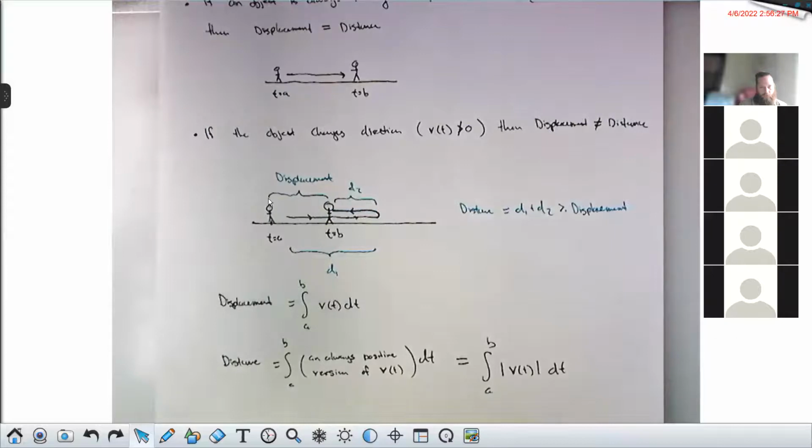So when you subtract those, when you combine those, you just get this. If I want to avoid that, I need to measure this distance as positive and also force this to be measured as positive. And that's done by changing the sign of v of t during whatever time interval is associated with this motion to kind of flip this part around and pretend like my dude kept walking that way.